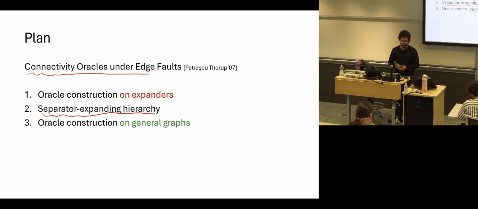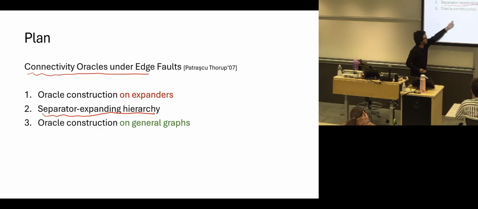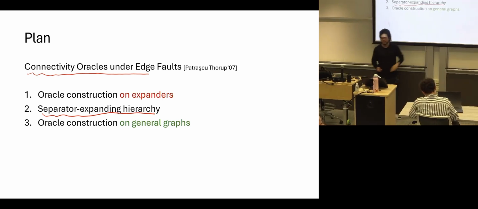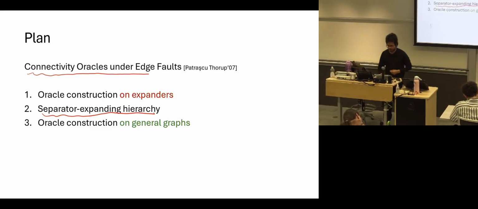I will tell you what this is, and we will first show how to solve this problem on expanders. Like usual, you start by solving the problem on expanders, and then we generalize it to general graphs using the hierarchy, which you will learn. Okay, so what is this problem?